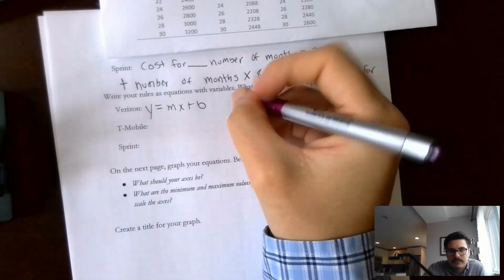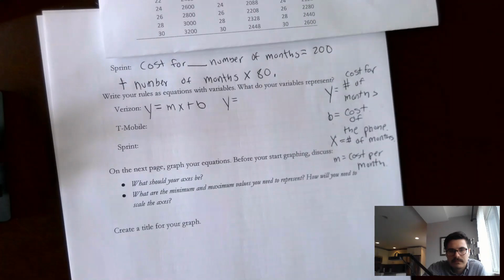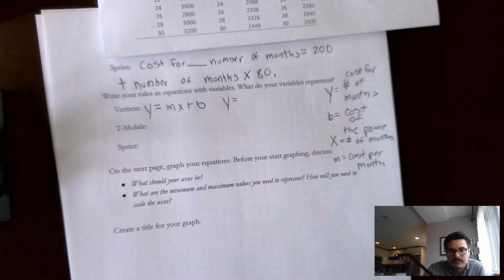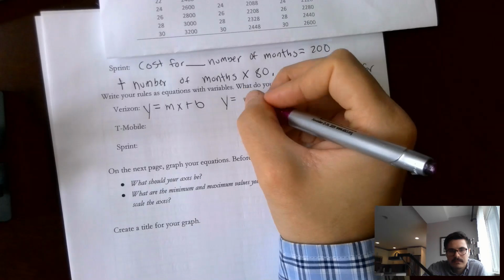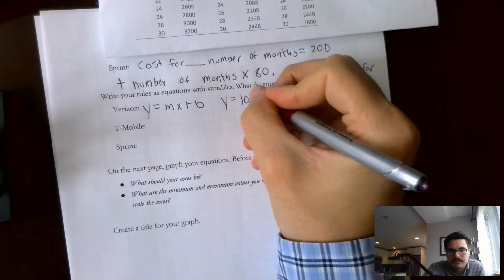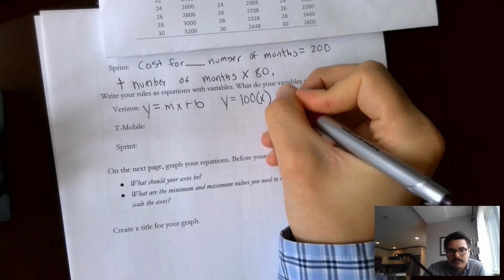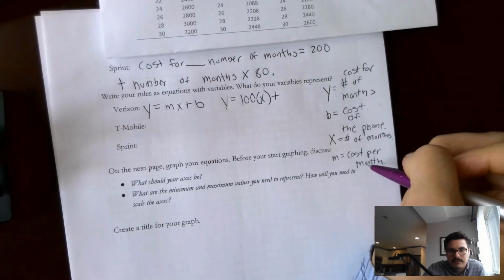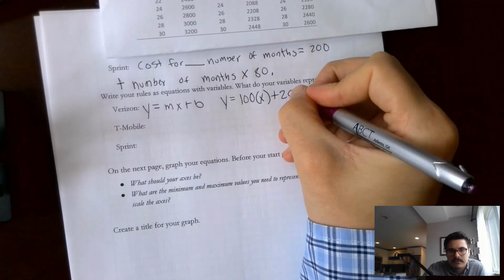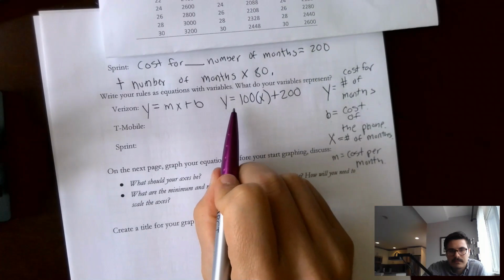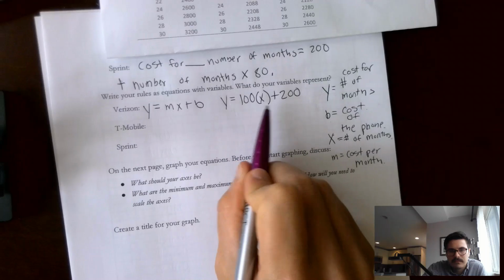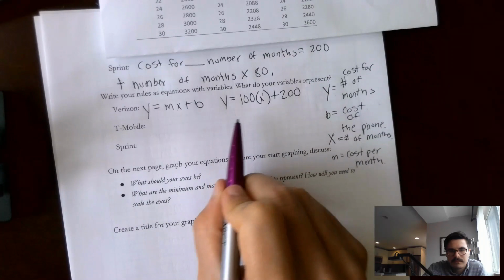We can simplify that. Y equals, the cost per month is M, so that would be 100 times X plus 200. So that's what it's going to be every single time. The 100 and 200 will not change. The X and Y will.